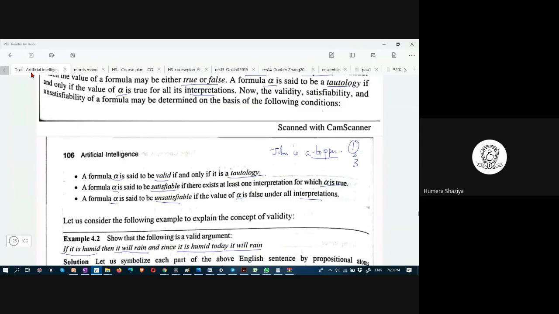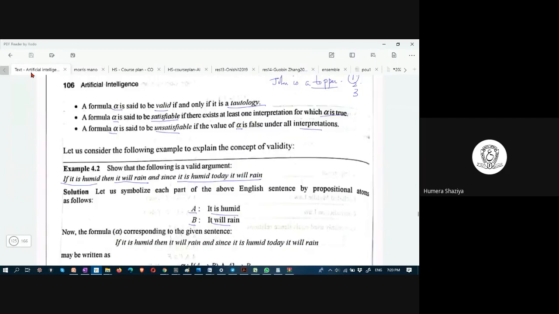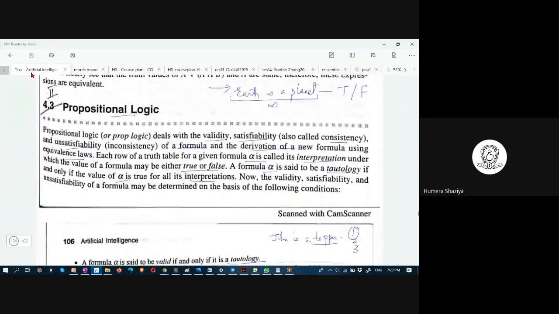New statements can be determined from the facts, and NDS is a natural deduction system.